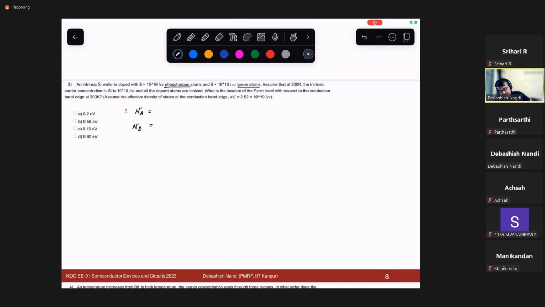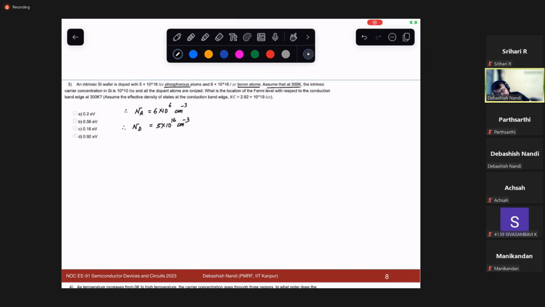What is the acceptor concentration and what is the donor concentration? 6 into 10 to the power 16 is Na, the acceptor concentration. And 5 into 10 to the power 16 is Nd. And that means boron is your acceptor, right? I wanted to check whether you know this.